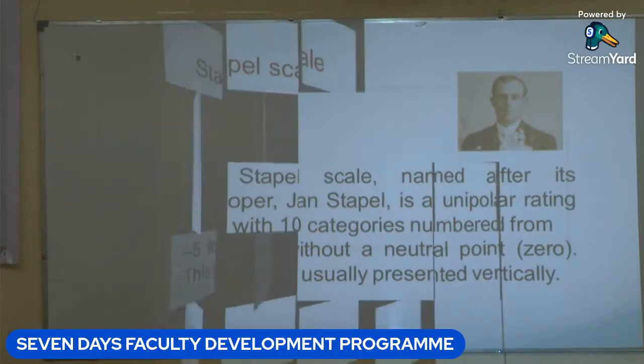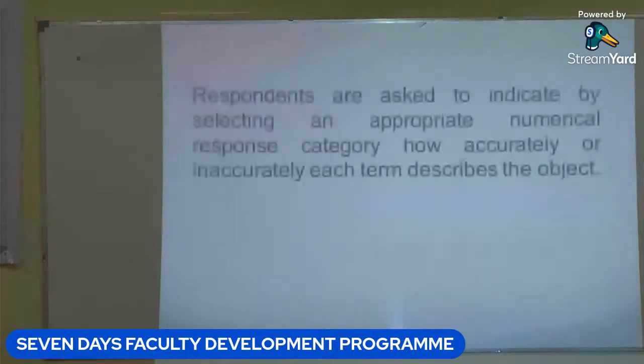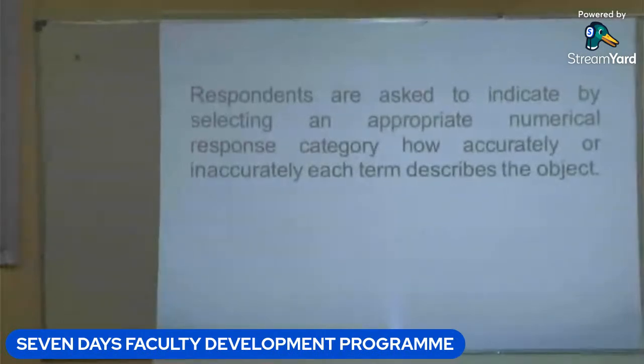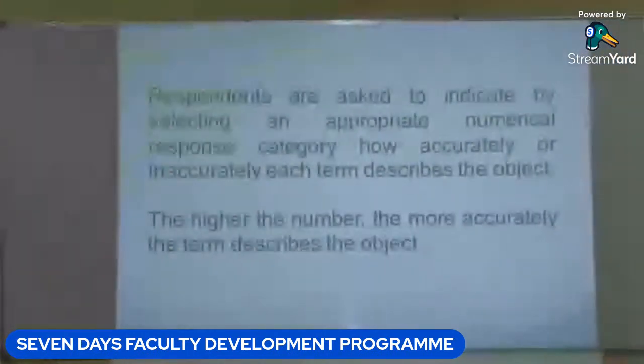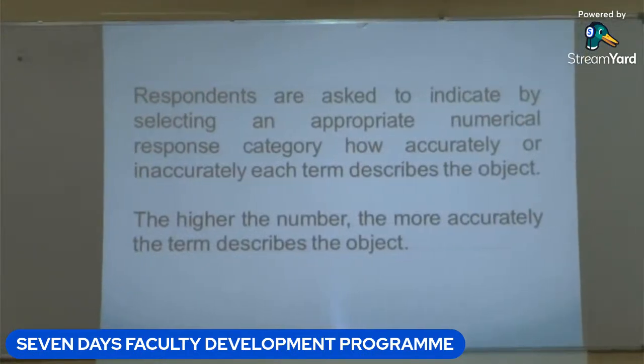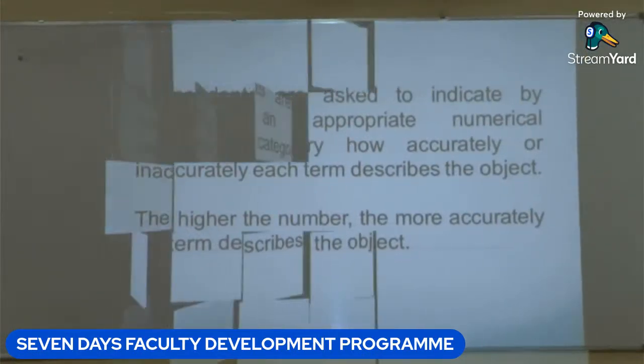And earlier you probably saw all of them in horizontal form in their representation, but this is in vertical. For example, here the respondents are asked to indicate, by selecting an appropriate numerical response category, how accurately or inaccurately each term describes the object. The higher the number, the more accurately the term describes the object.